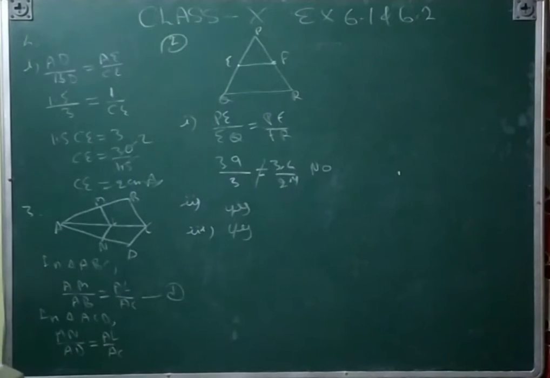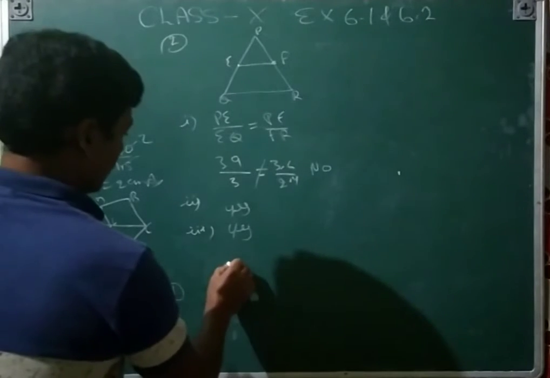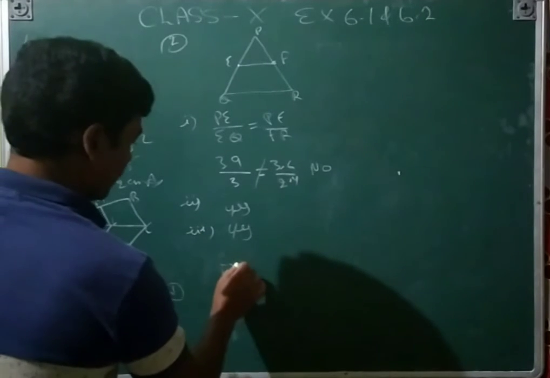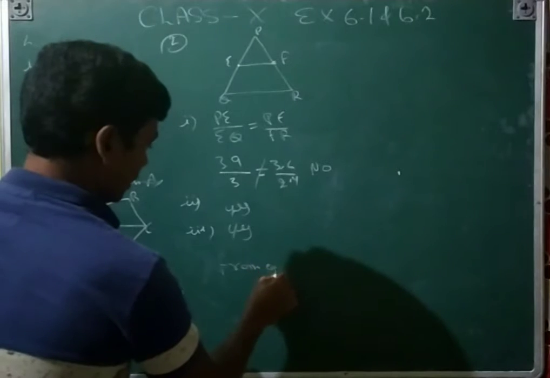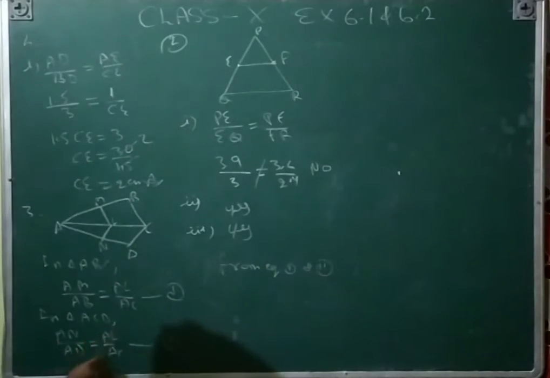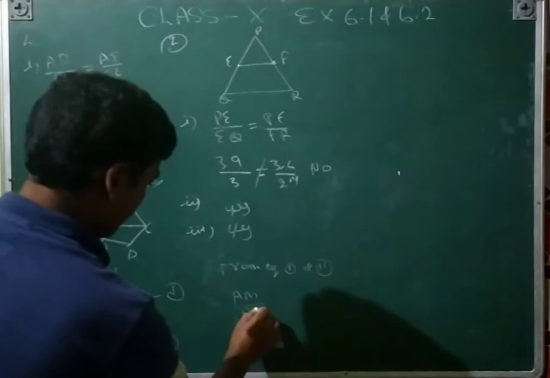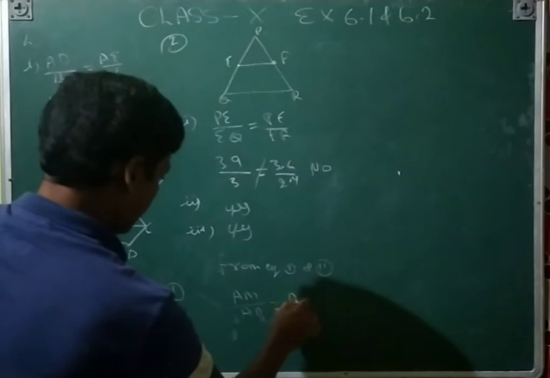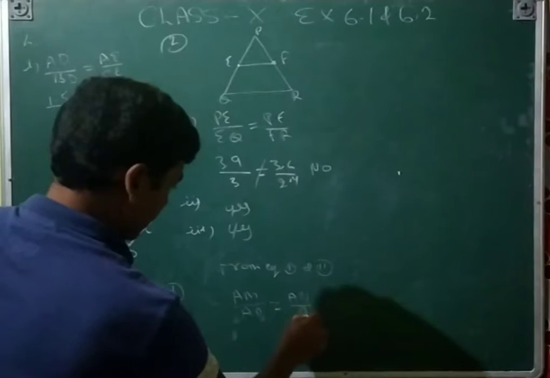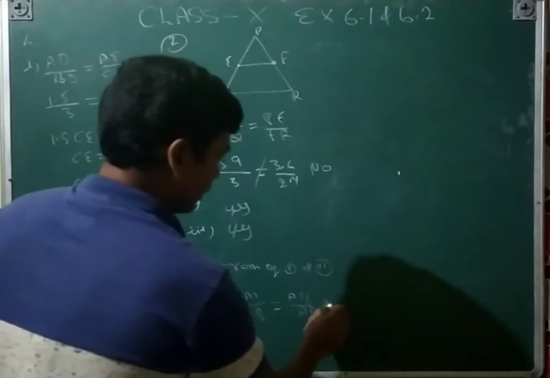That is the second equation. From equations first and second, AL upon AC cancels because both are equal, so AM upon AB is equal to AN upon AD. That is proved.